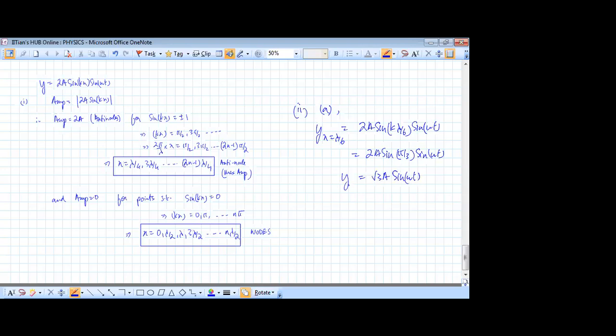So this becomes the equation of oscillation for that particular point in the string. This is the equation of SHM for the particular medium particle located at x equal to lambda by 6. So it has an amplitude of root 3a and a frequency of f, or angular frequency of omega.